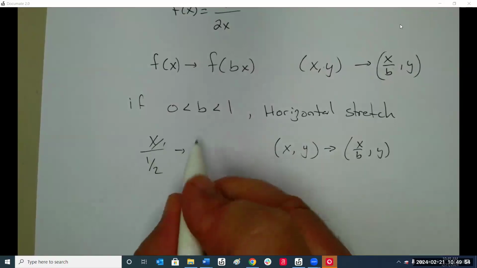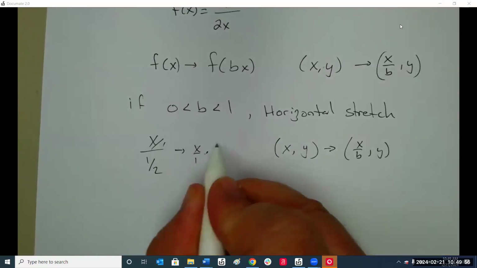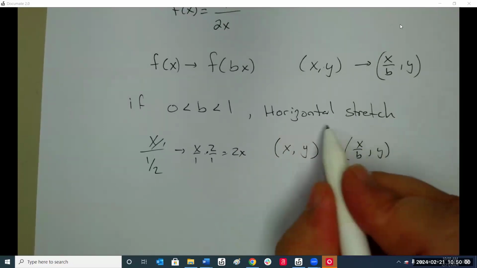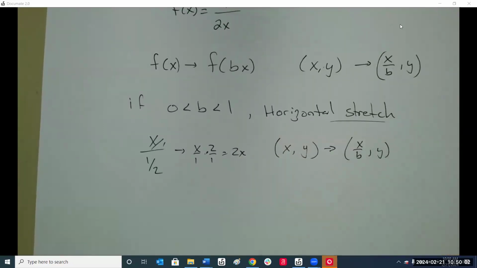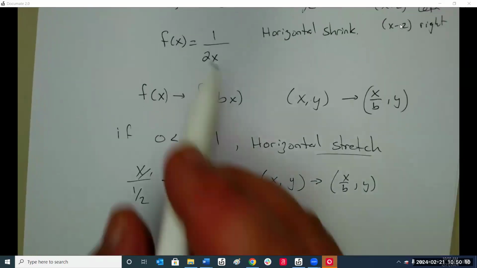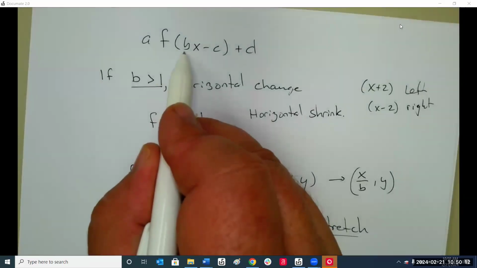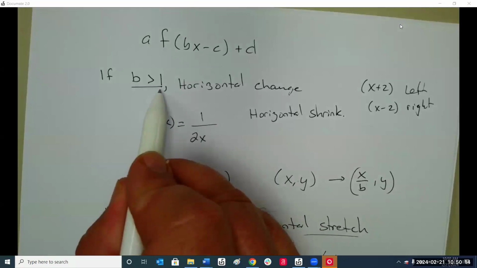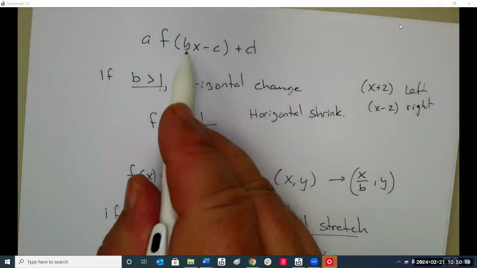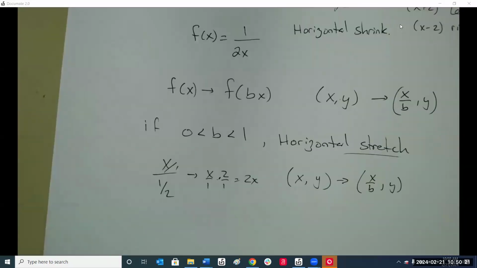You have a fraction on top, a fraction on the bottom, so you flip it. It actually doubles it. So that's why it's a stretch. It makes it wider. So if you have a coefficient in front of x, if it's greater than 1, that means it gets shrunk. If it's a fraction, then it's a stretch.